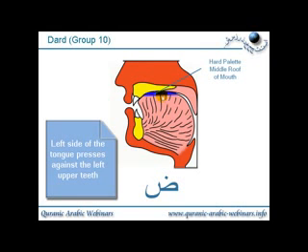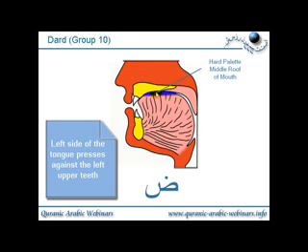So you say bod. Now notice as well that there will be a portion of the middle part of your tongue, going through the whole length of your tongue, which will be touching the hard palate roof of the mouth as well.